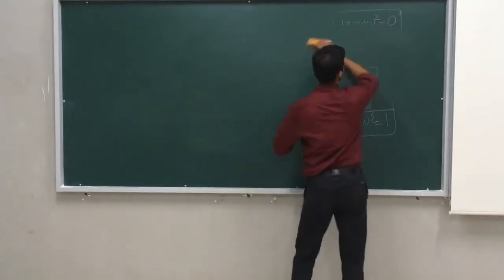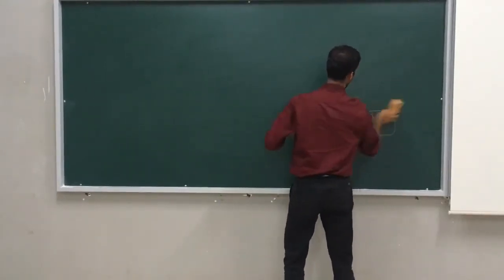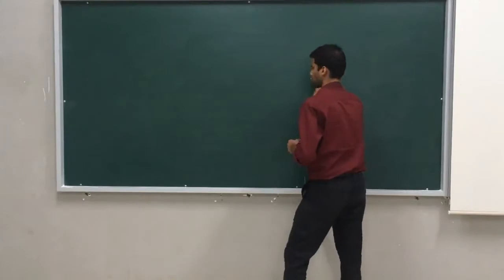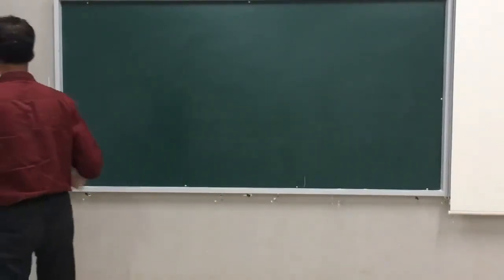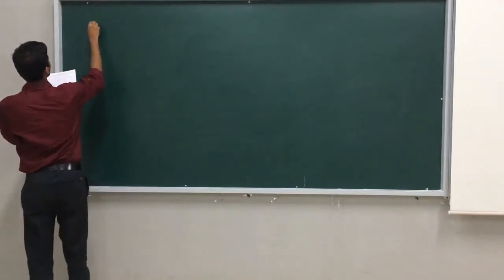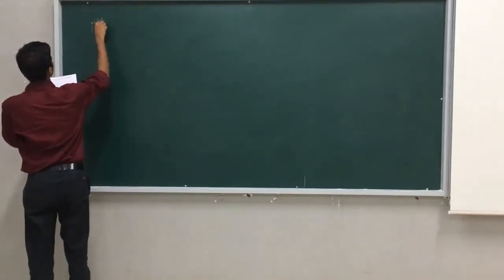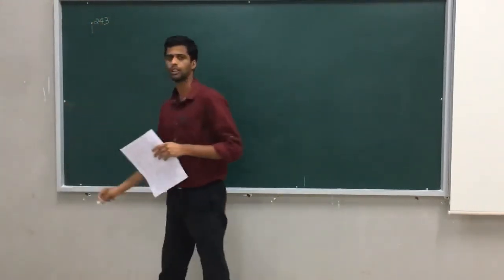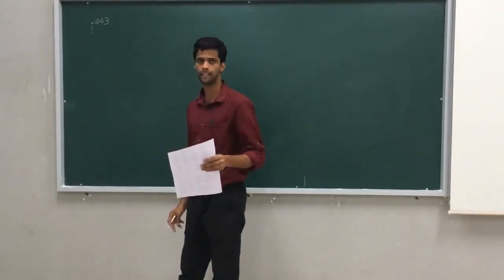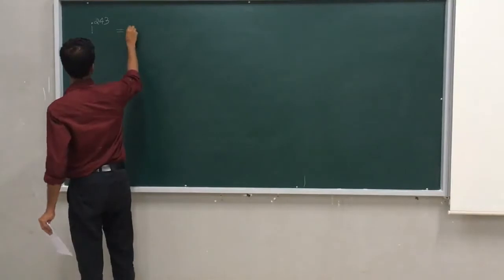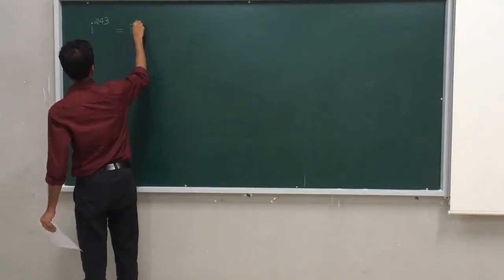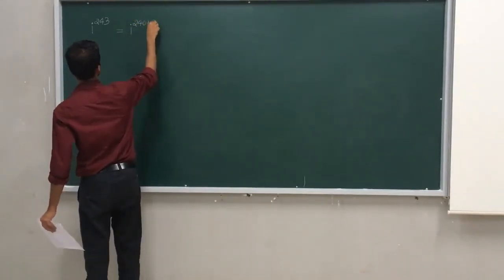If you observe question number 1, it is asked what is the value of i raised to 243. We can write this in many ways. One simple method which gives us the answer is i raised to 243 can be written as i raised to 240 plus 3.